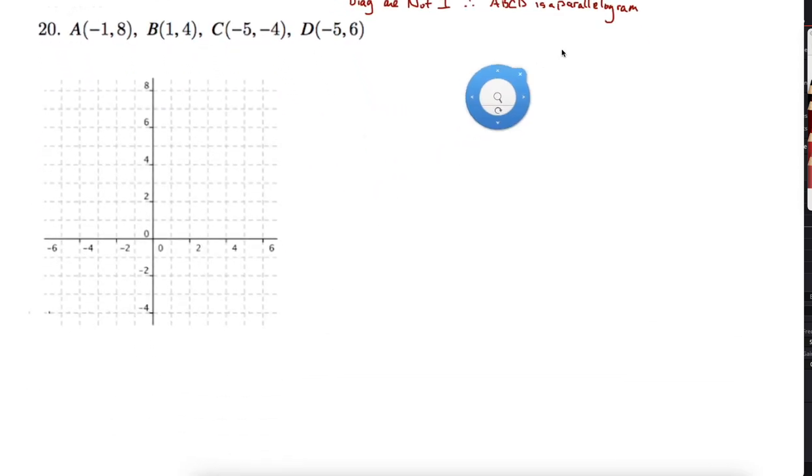Okay, let's try 20. So let's carefully graph this. A, B, C, -5, -4.